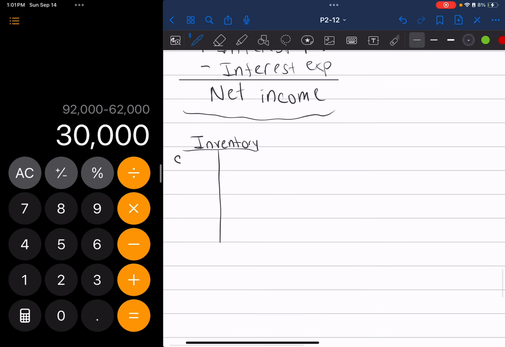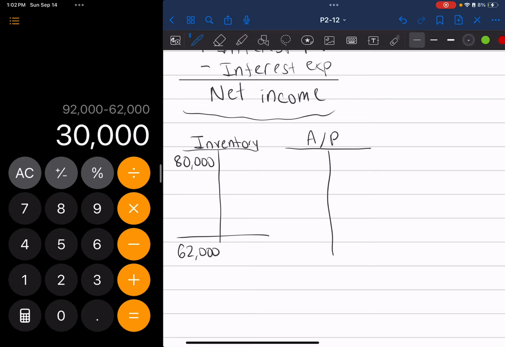And this has a debit balance because it's an asset. 80,000, so 62,000, and then we have accounts payable.